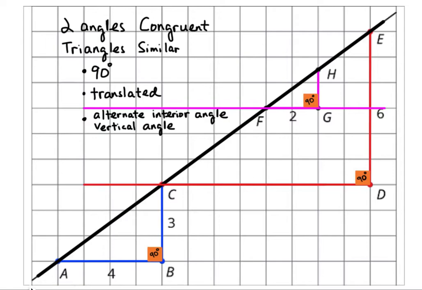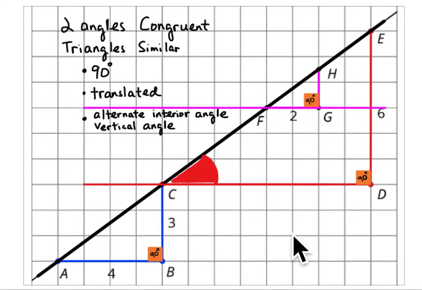Remember, a transversal is a line that goes across two lines that are parallel. So we're going to use the transversal, which is the long side of these triangles, and the angles that are formed with the parallel lines, which is another side of the triangles, to show that they are congruent angles.